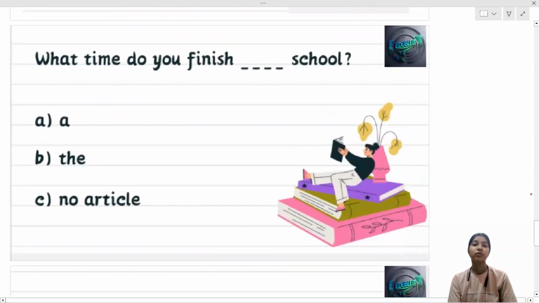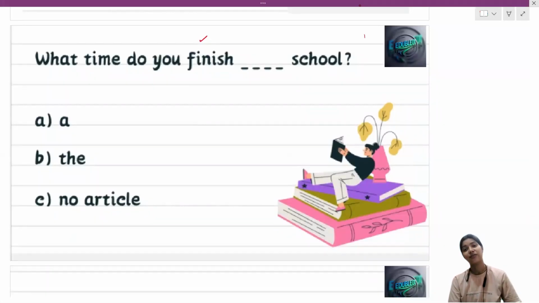Okay. What time do you finish school? Now we already learned about this. Okay, let me give you 5 seconds. One, two, three, four, five. Okay. So, what time do you finish school? School is a place. Before school there is a blank.